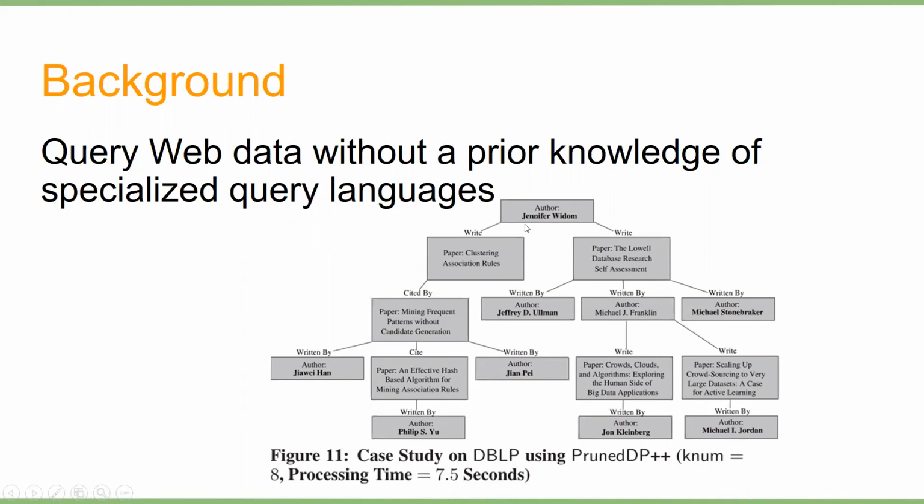Jennifer Widom had a paper cited by a paper written by Han Jiawei and Pei Jian. The paper also cited a paper written by Philip Yu. Jennifer Widom has a co-author who has a co-author, Michael Jordan.